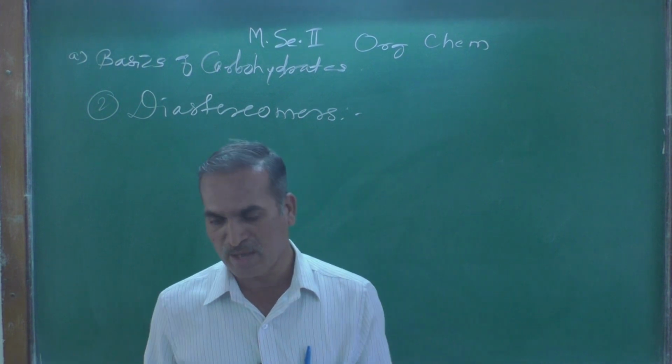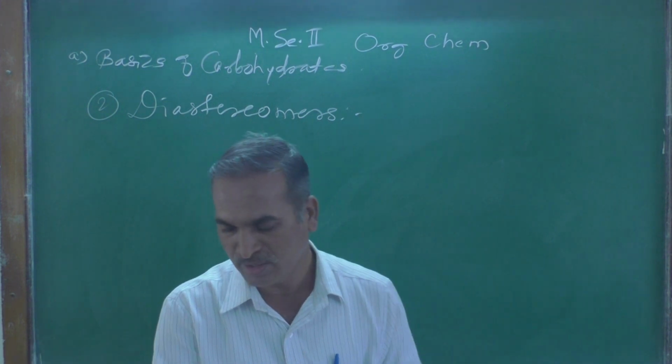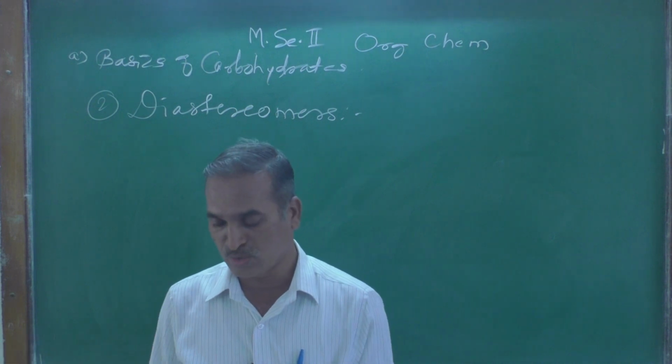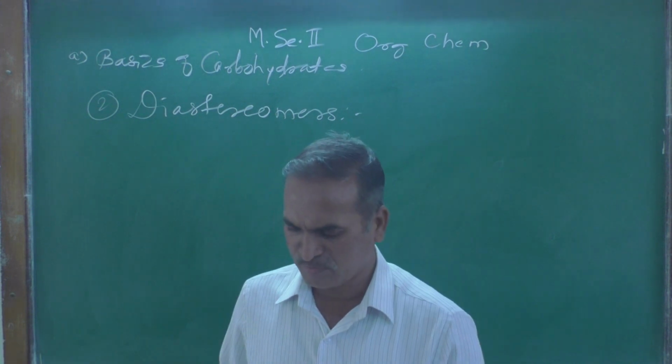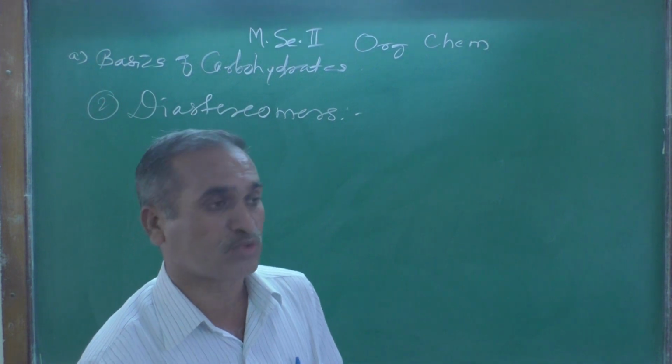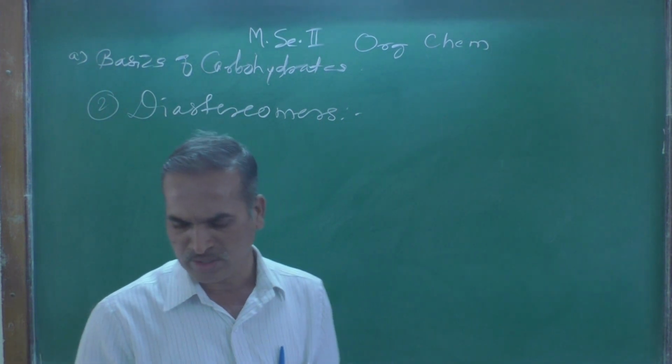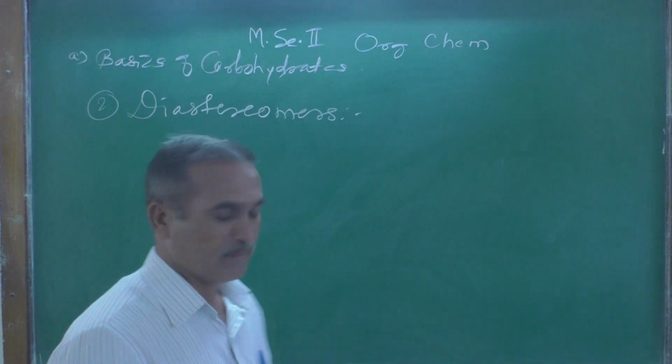So for example, we have seen there are 16 isomers of glucose, and some of them are diastereomers. And the next word we are going to use, which is very important, is epimers.